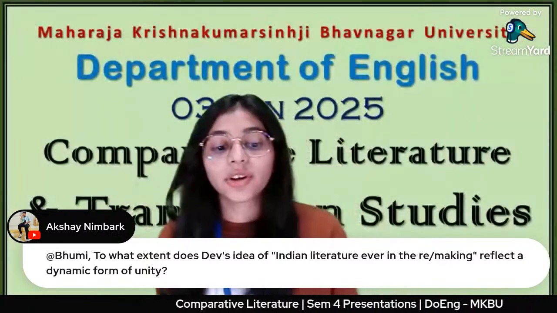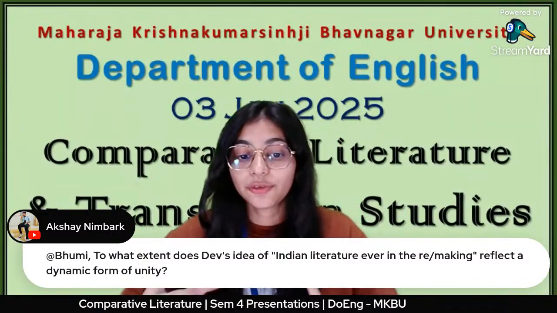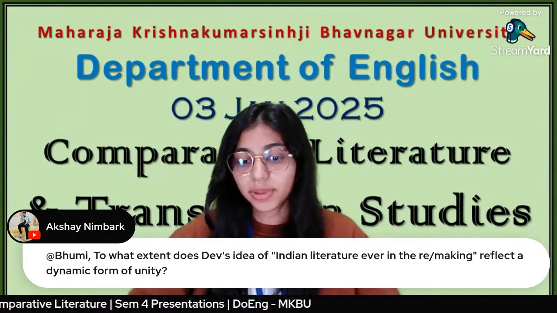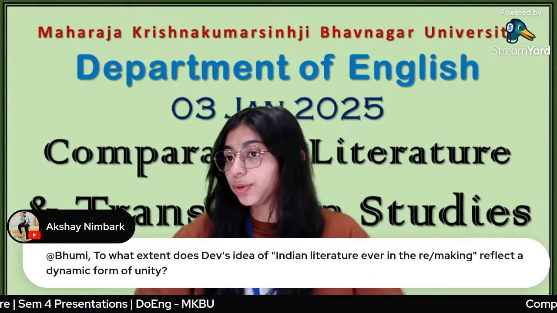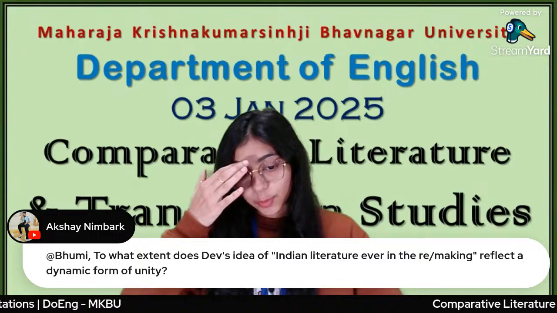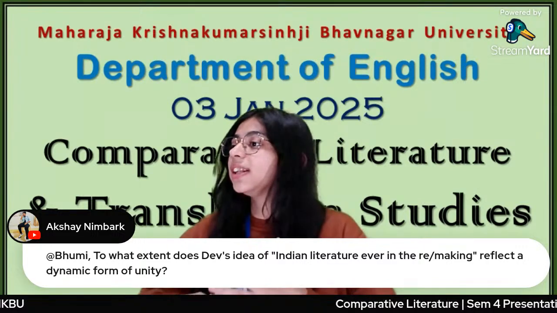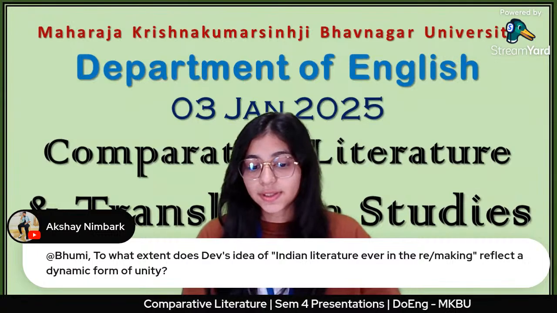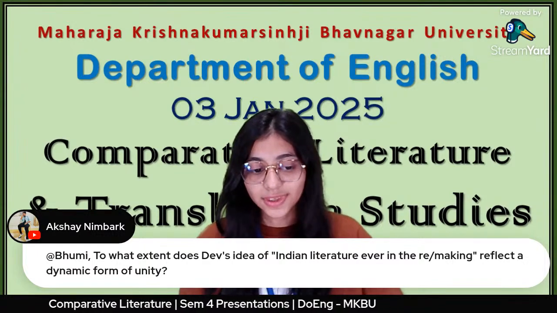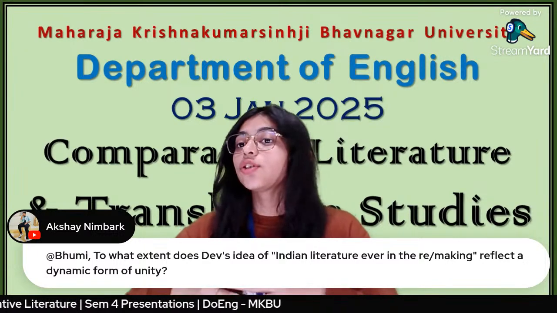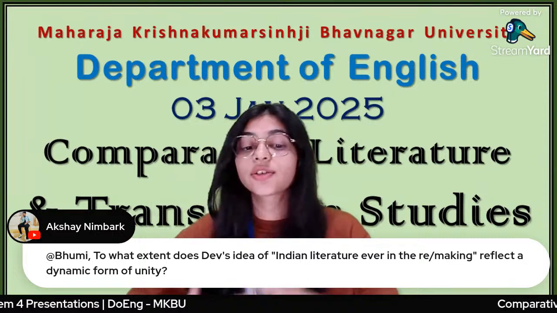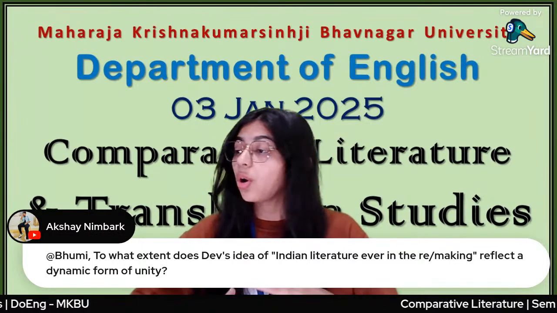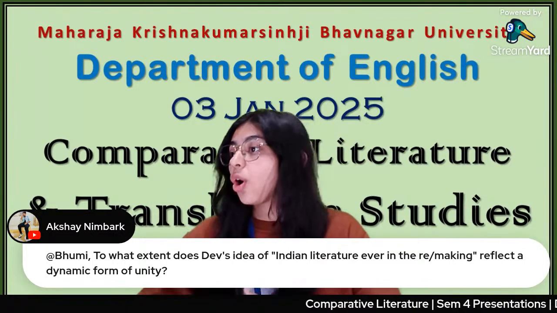Okay, so the question is, to what extent does Dev's idea of Indian literature ever in the remaking reflect the dynamic form of unity? And my answer would be that, as we saw, it is an evolving entity, it is not fixed, and because it is always evolving, this means that there is always influence on each other.